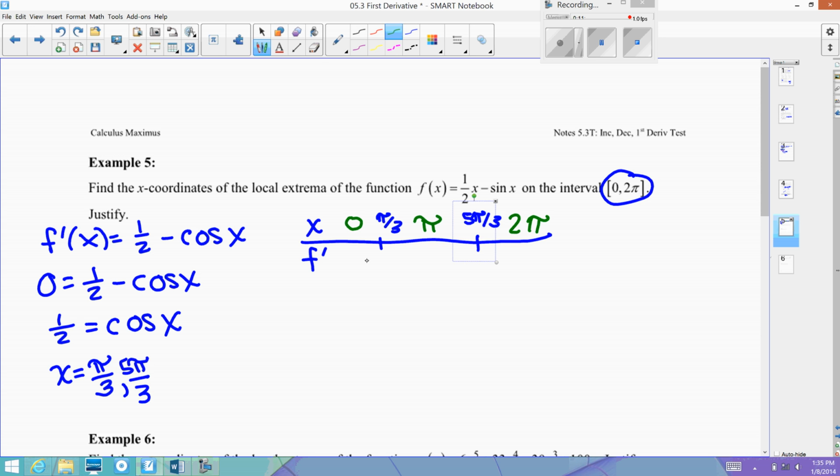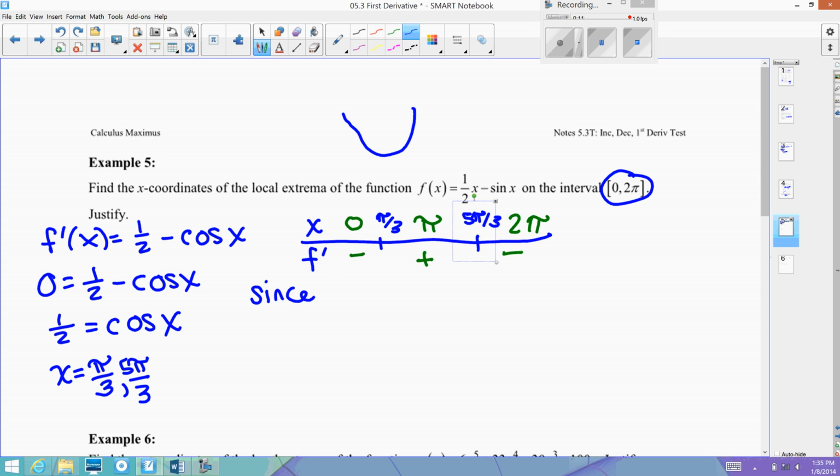Plug in those values and just see if they're positive or negative. Okay, in this case, it's going to be negative, positive, negative. From that, we can say where the local extrema are. Okay, if our derivative's going from negative to positive, our function's going from decreasing to increasing, so there has to be a relative minimum there. So that's what we write.